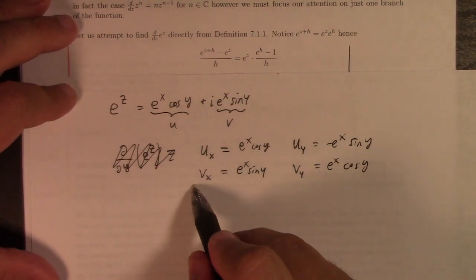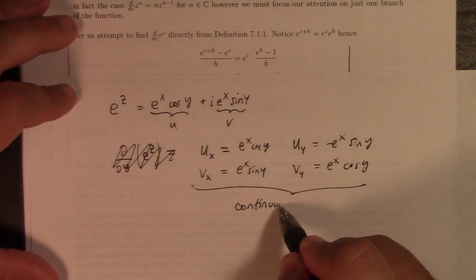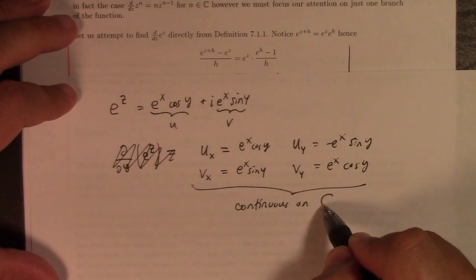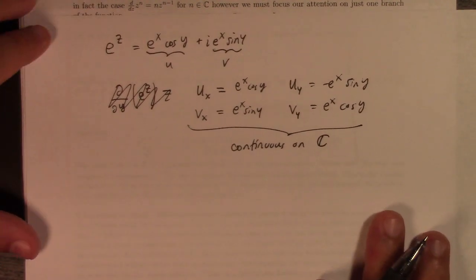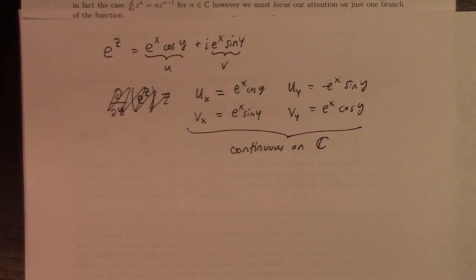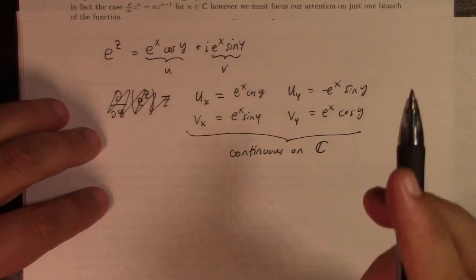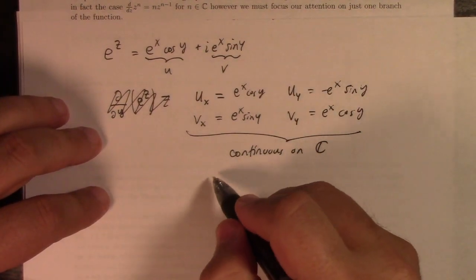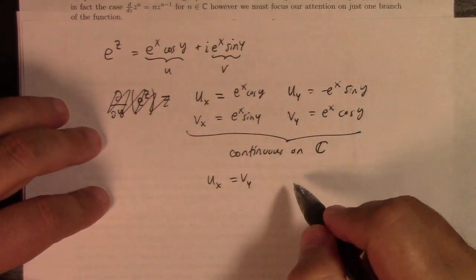By the way, these are continuous on the whole complex plane. Am I right? You know I'm right. These are continuous functions of x and y anywhere you go. And also observe that ux is equal to vy, right?